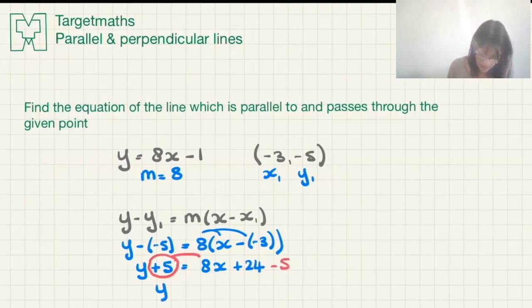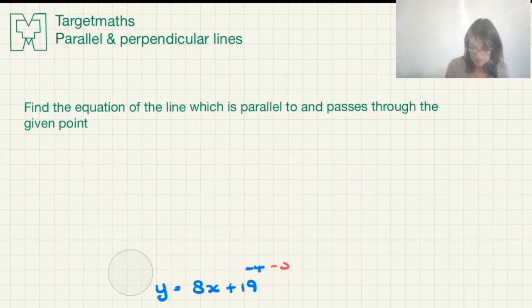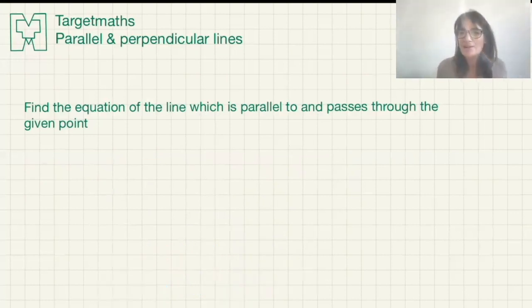And I've got y equals 8x, and 24 minus 5 is 19. So this equation here is the equation of the line that is parallel to this one and passes through these coordinates. Okay, hopefully it's starting to feel not quite as hard as maybe you thought. We will see, won't we?